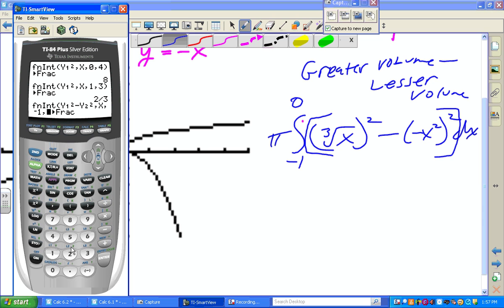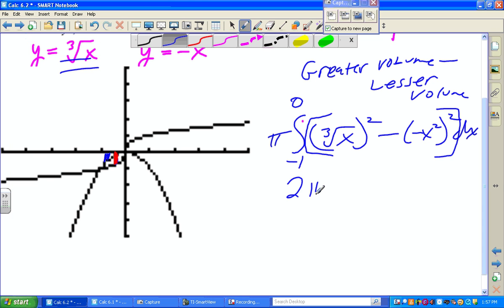And the hope is it comes out positive. The answer always has to be positive. 0.4, what is that as a fraction? 2 pi over 5.